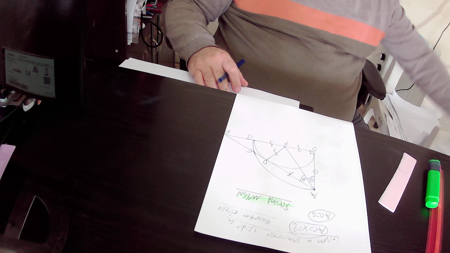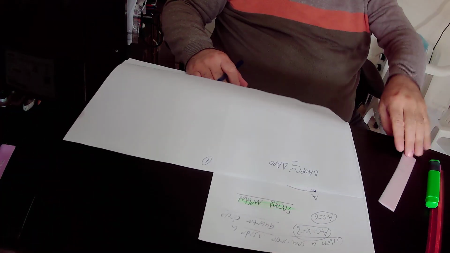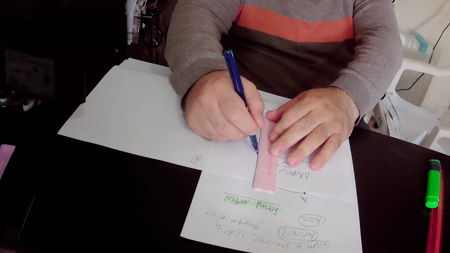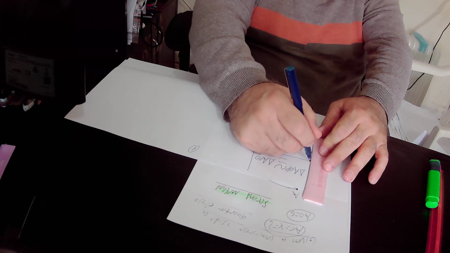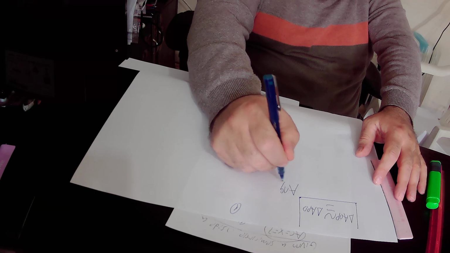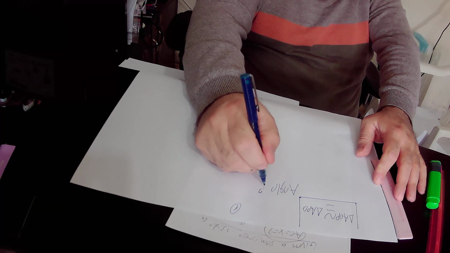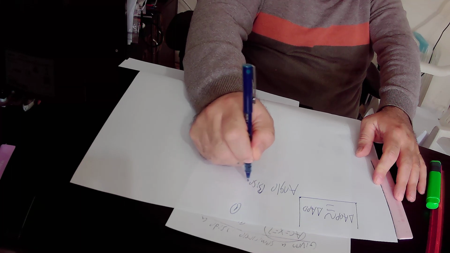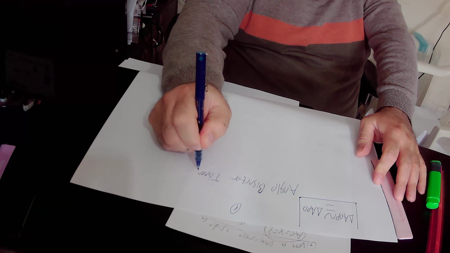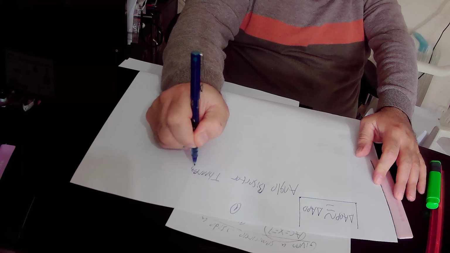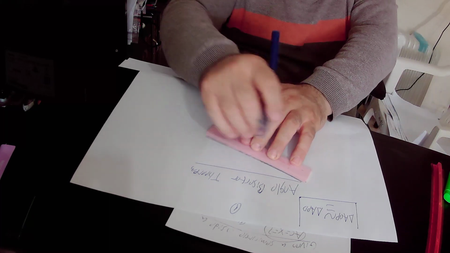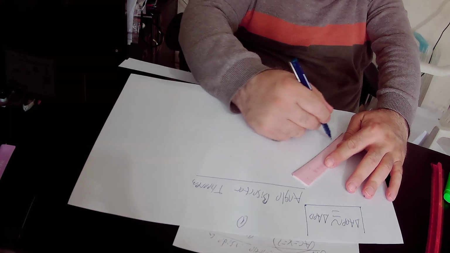So here, what is the angle bisector theorem? If we have triangle ABC, that could be any triangle.